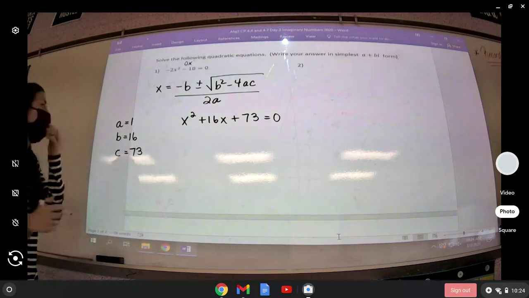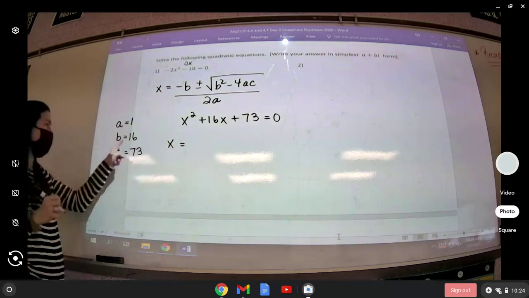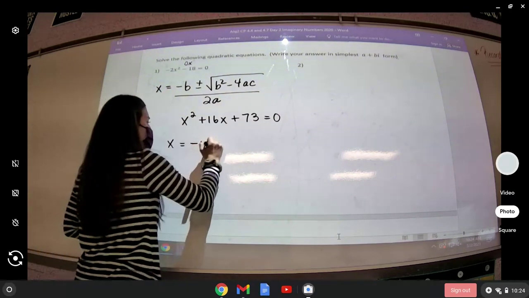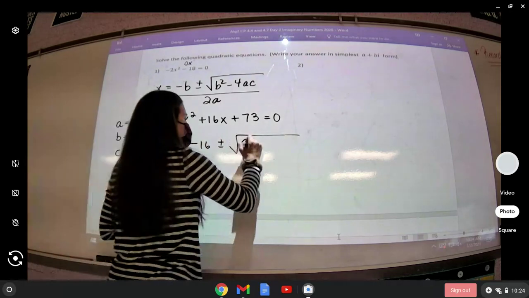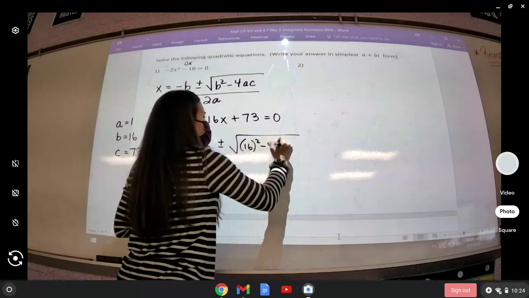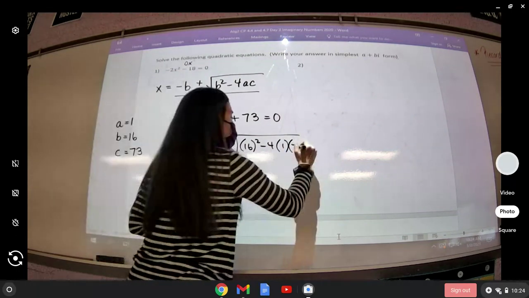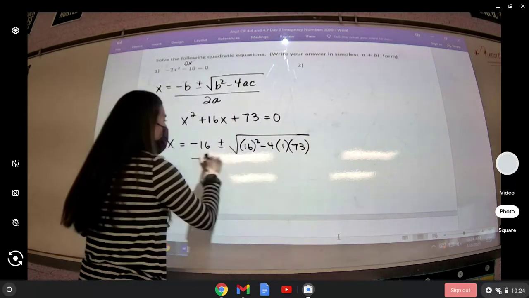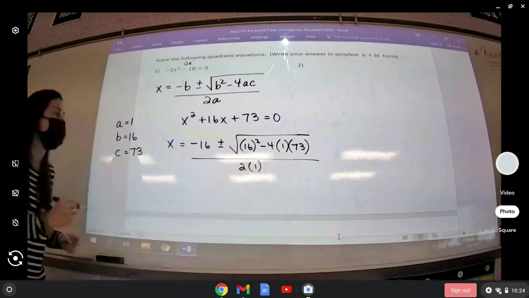Let's plug them in. Let's see what we got. The solutions to this equation x will be equal to, the opposite of b is negative 16, plus or minus the square root of, I need 16 squared, minus 4 times a, which is 1, times c, which is 73, and then all of it's going to be divided by 2 times a, which is 2 times 1.